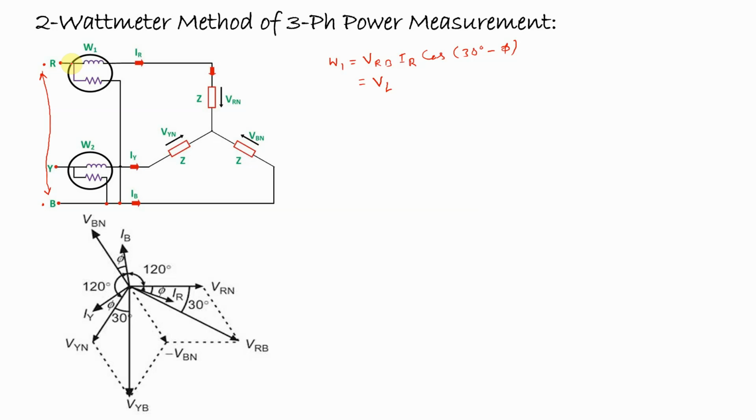IR is the current flowing through the R phase line, which is the line current IL, into cos(30 minus phi). That means the reading of the first wattmeter in terms of line voltage and line current can be represented as VL IL cos(30 minus phi).